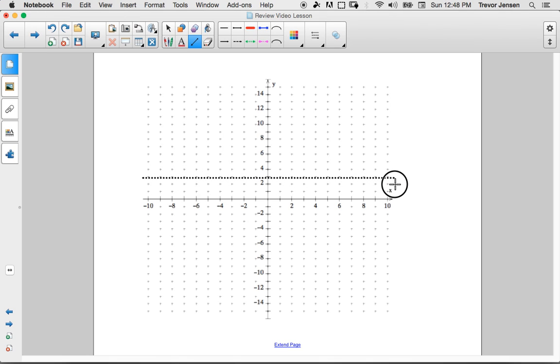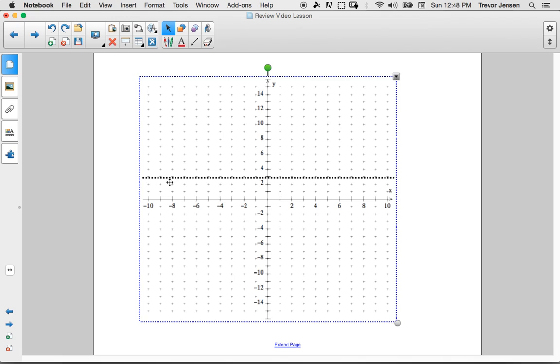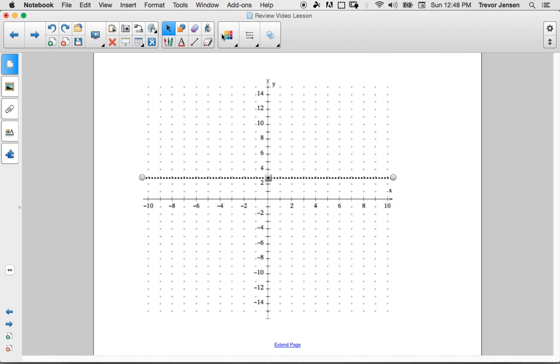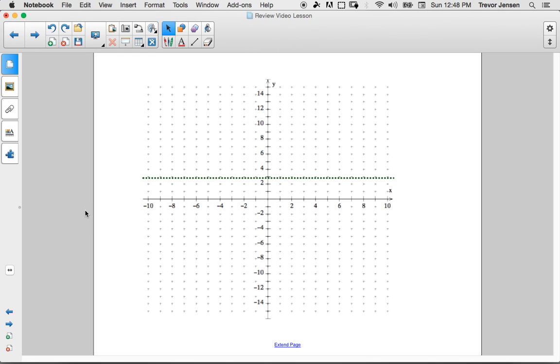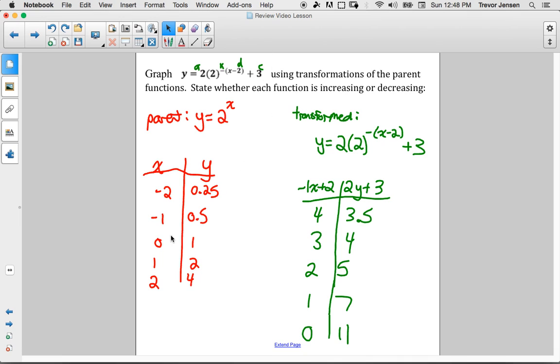Hopefully you remember an asymptote is an invisible line that the function is going to approach but never actually get to. You'll see how that works as we graph the function. So there's my horizontal asymptote at the c value, at 3. You always start by drawing your horizontal asymptote at whatever the c value is.